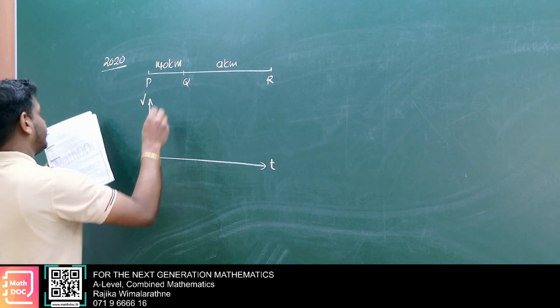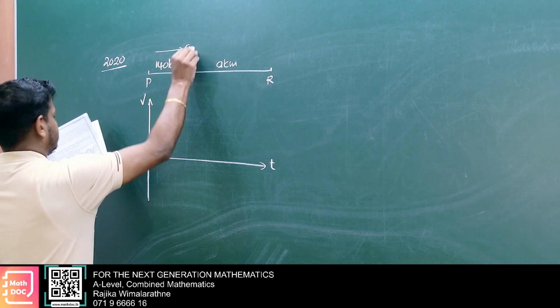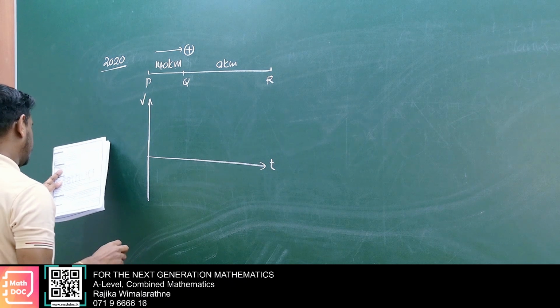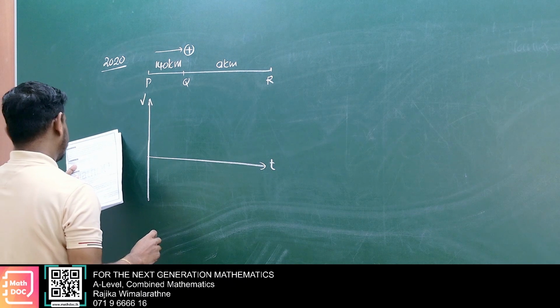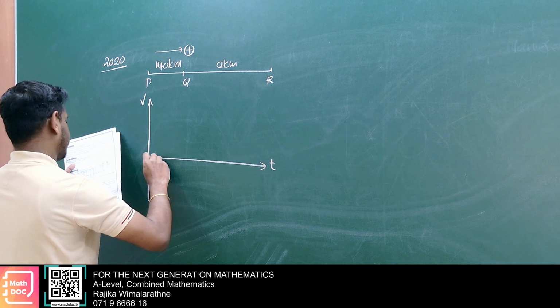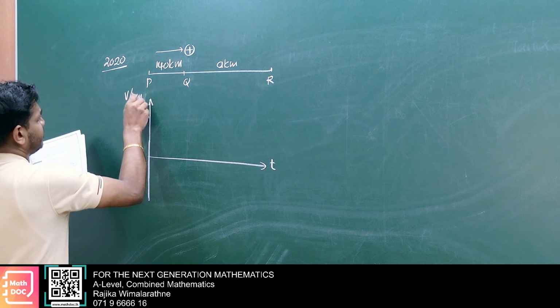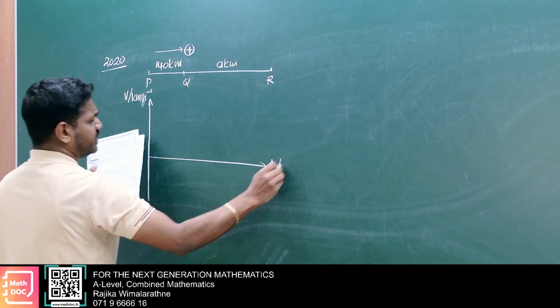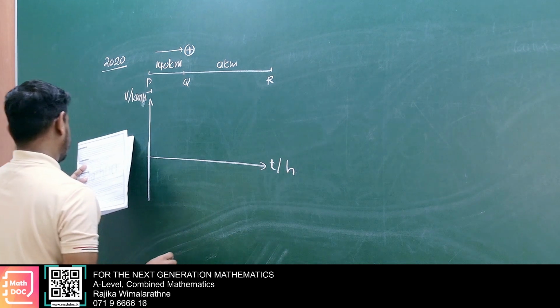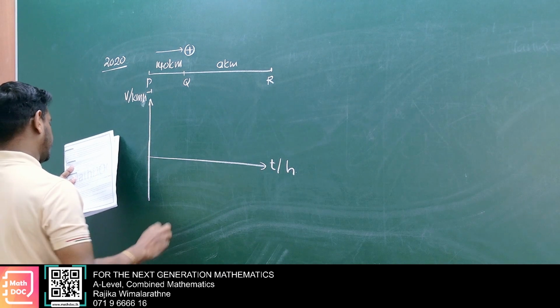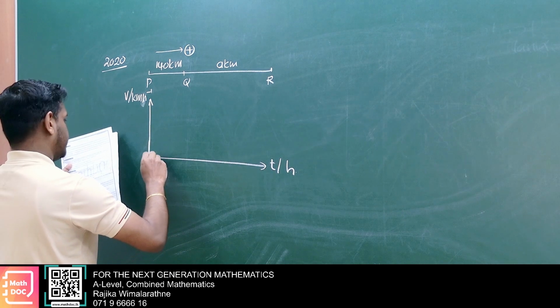Here I'll take the positive direction. A train starts from P and moves towards Q with constant acceleration F. Here velocity V in kilometers per hour, time T in hours.